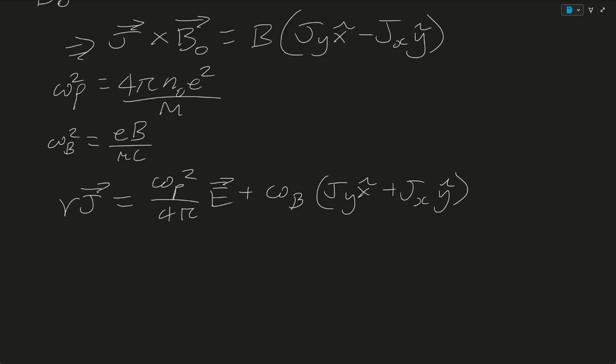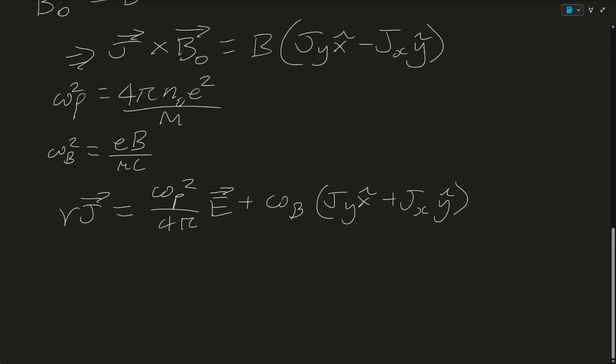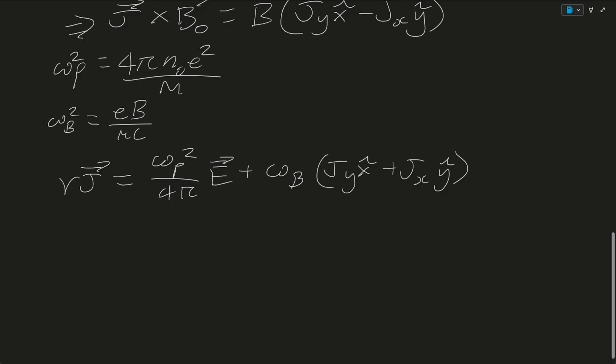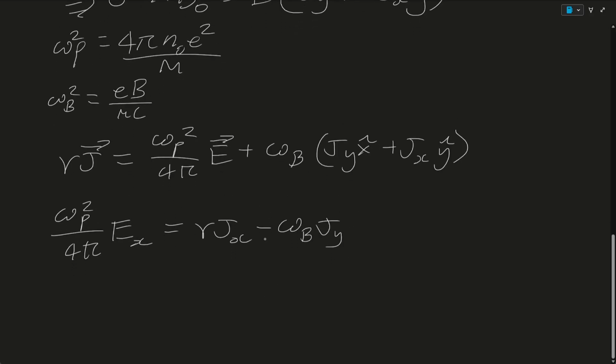Now we have linear equations, a linear system of equations even. We can take individual bits of all of these in x, y, and z. So if we take electric field x first, we'll have omega_p squared over 4 pi E_x is nu J_x minus omega_b J_y.